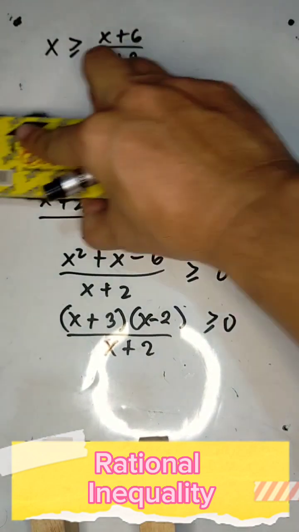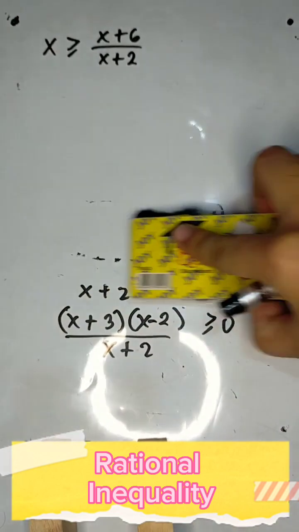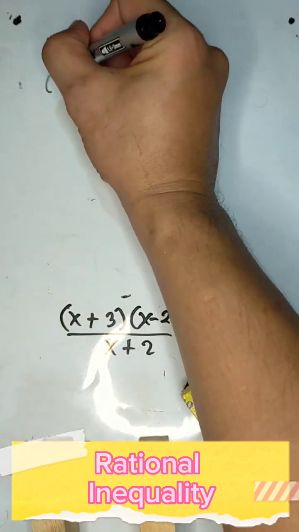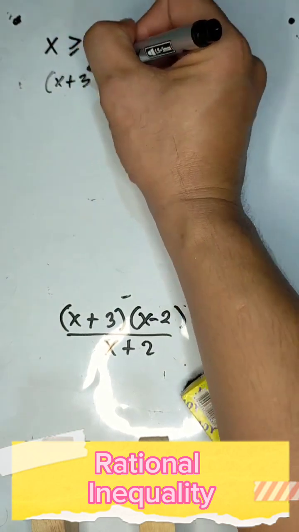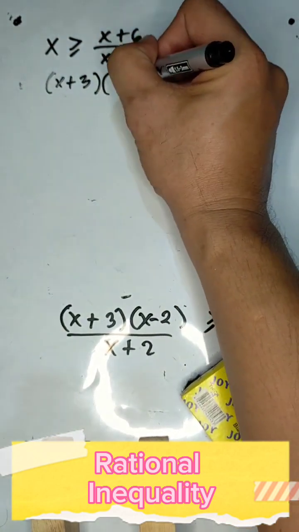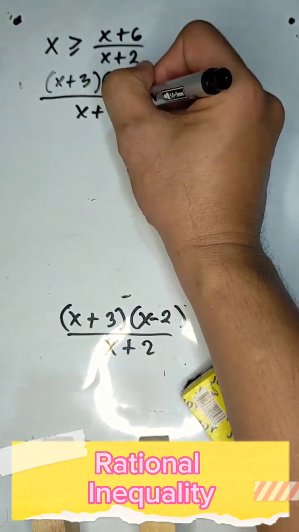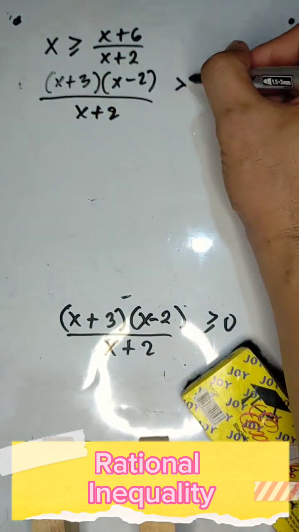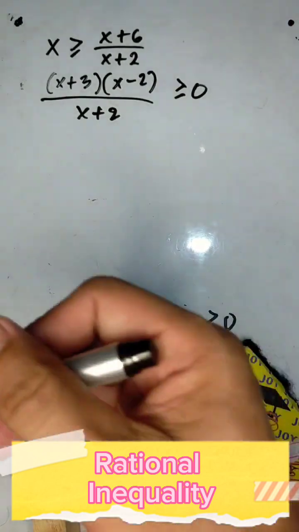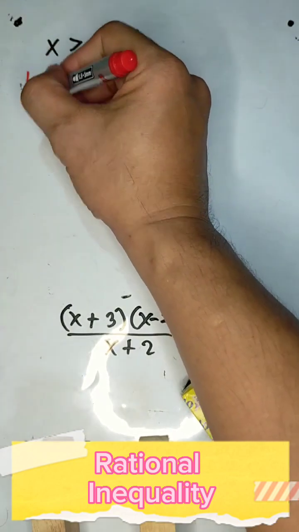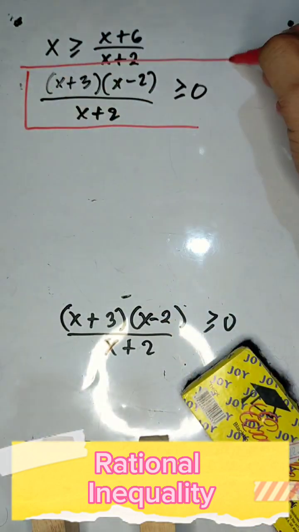Let's rewrite that here on top. This is now (x plus 3)(x minus 2) over (x plus 2) greater than or equal to 0. So this is now our inequality to be used for our test points.